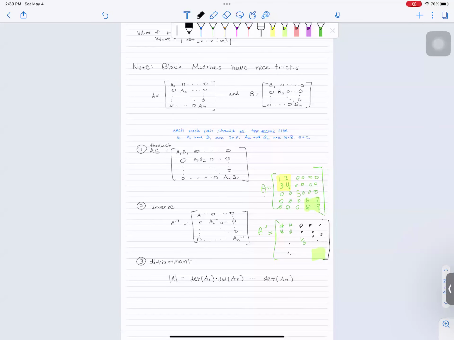Can I find some function, I'll call it g, such that the outputs are u and v and the inputs are x and y? So can I write u and v as functions of x and y, where those variables are the inputs?